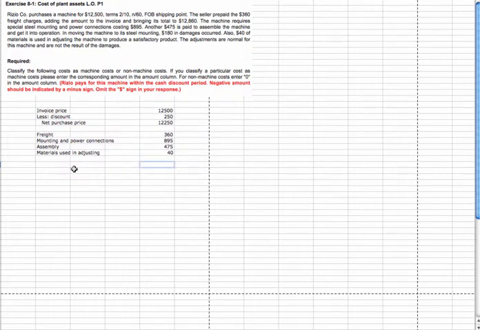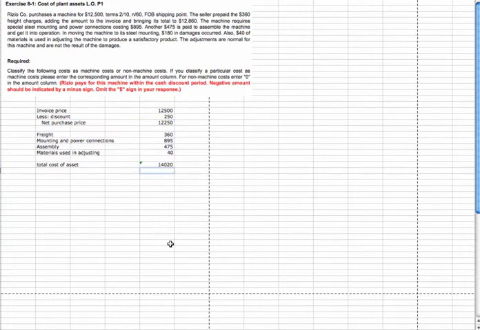So what we can do now is we can come up and say the total cost of the asset, and it's all of the costs, the purchase price, all the way through the materials used in adjusting.